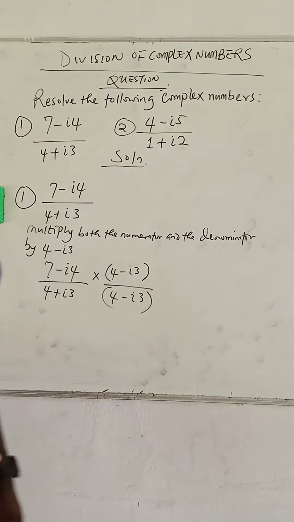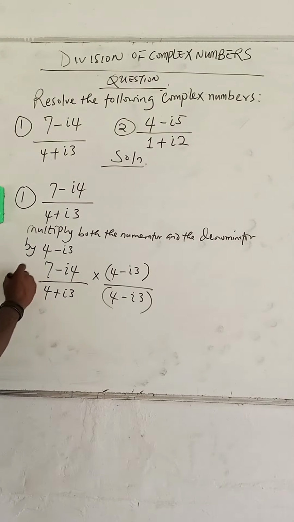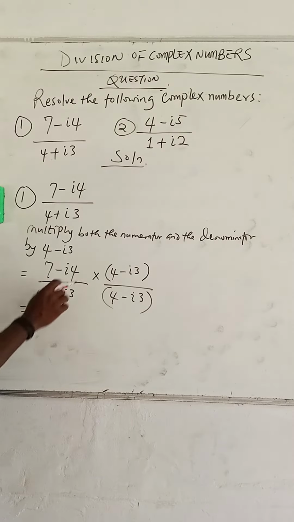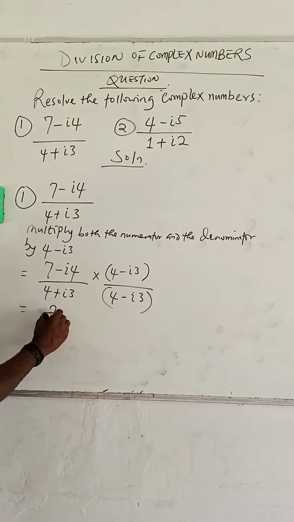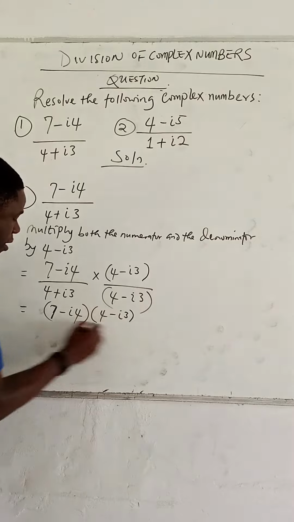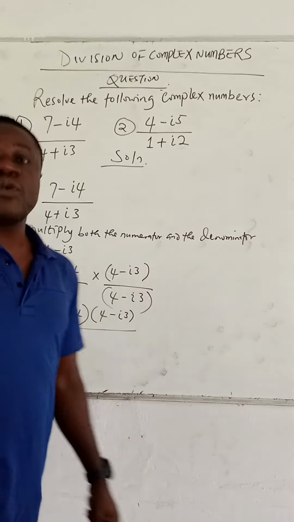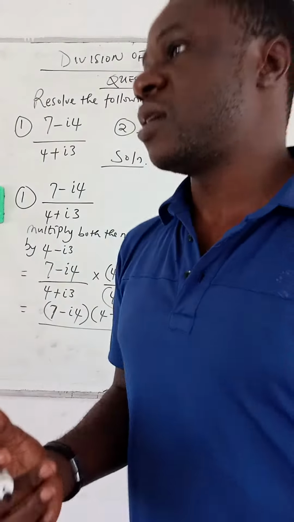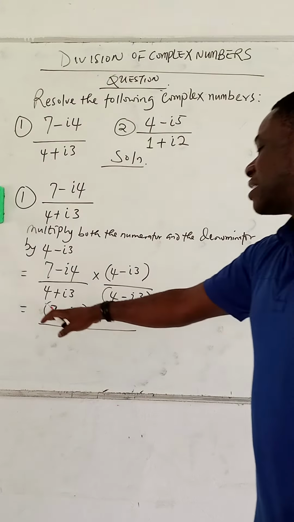So this is what we have, and the next thing is to resolve it. For the numerator, we multiply 7 minus I4 into 4 minus I3 in the usual way. For the denominator, there is a way we multiply conjugate surds, so we apply the same principle.